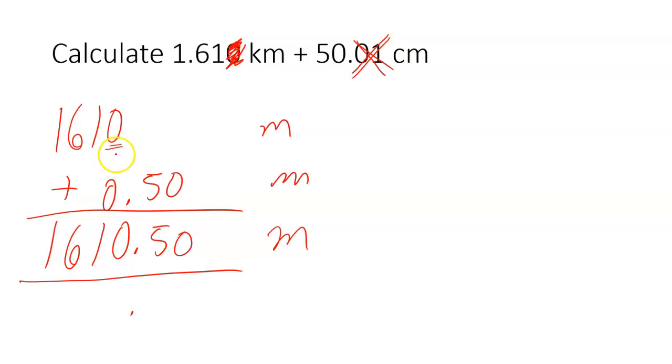But because this 0 is not significant, you need to round right there. That's what you need to round. And if you round that right there, this will be 161 and a 0 that is not significant meters. Now, again, it's kind of weird, right? We're adding something, we have the same number in the end. But the issue here is that we cannot really know what will change because that last number is not significant.